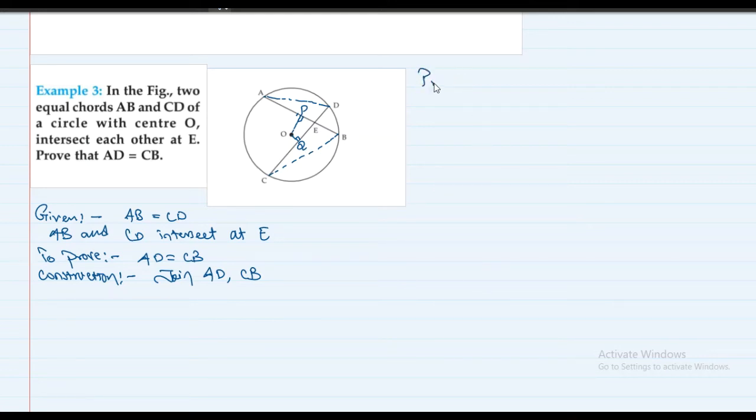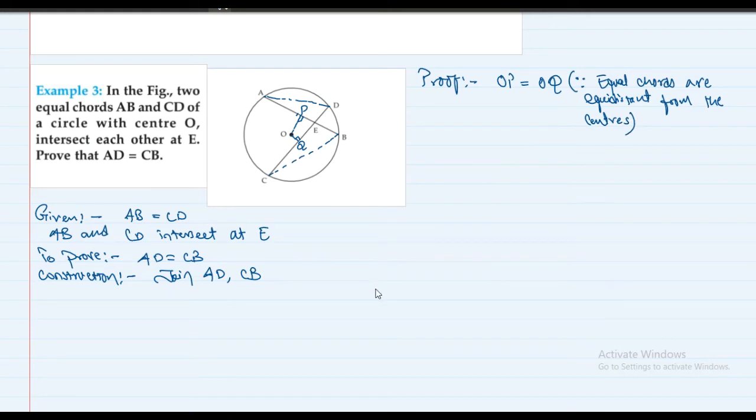Okay, so let's write the proof. So OP is equal to OQ. What is the reason? Since equal chords are equidistant from the centers.